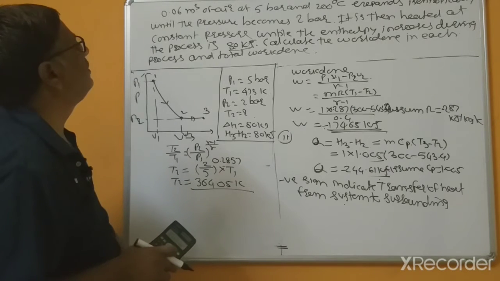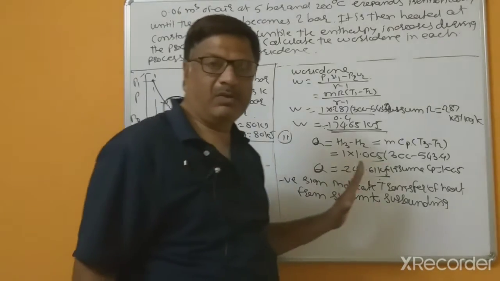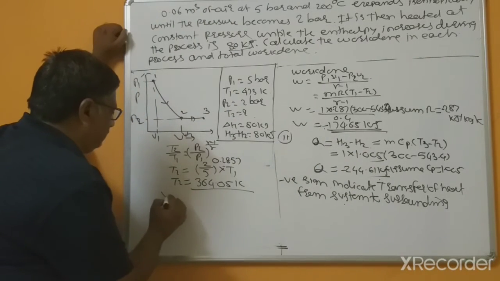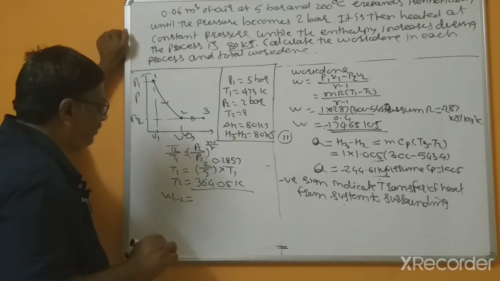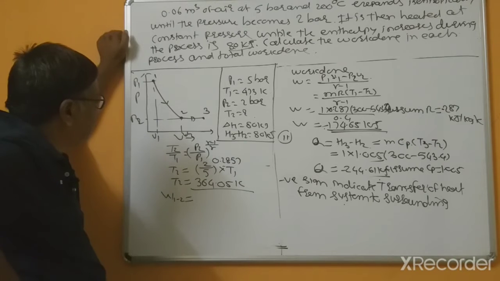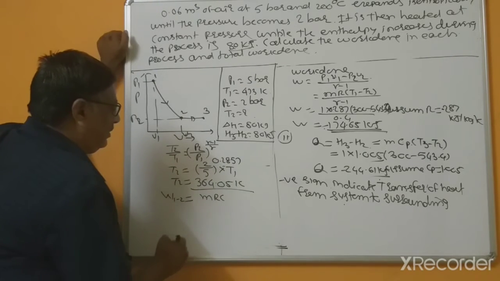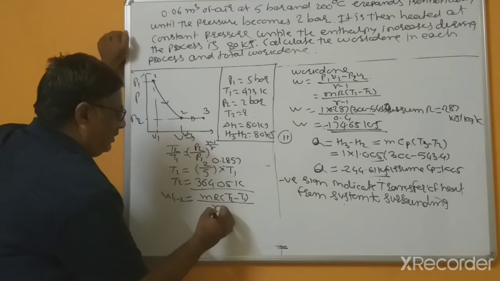It is then heated at constant pressure until the. So first we'll calculate work done by the process 1:2. Which formula can we use? P2 divided by P1, or otherwise mR T2 minus T1 divided by gamma minus 1.